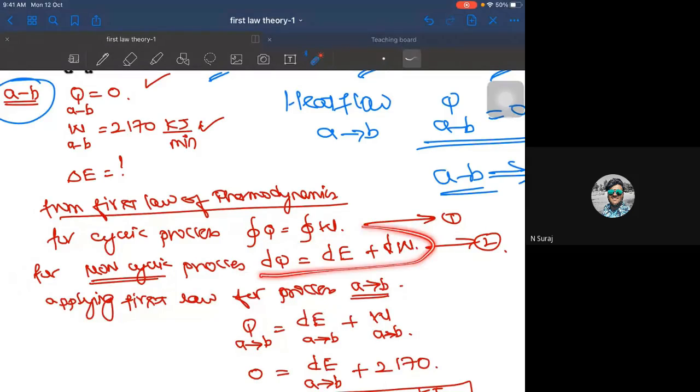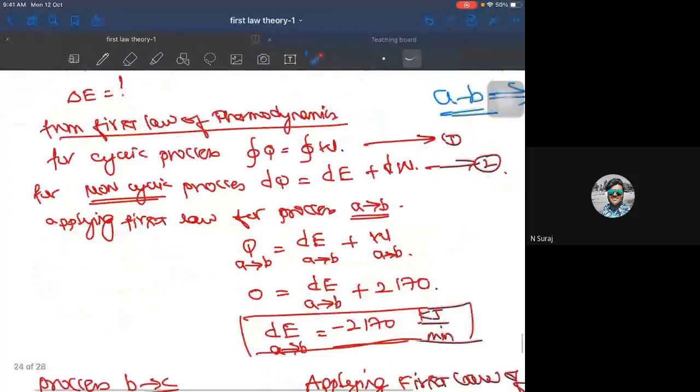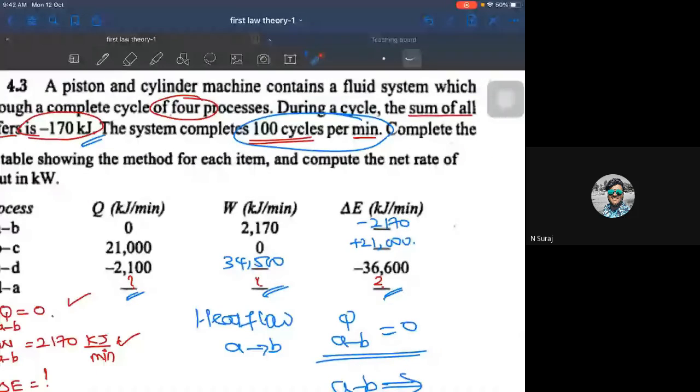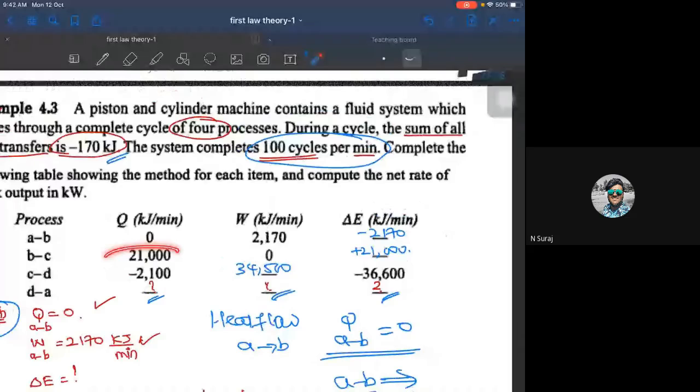Using this equation, when you apply it for A to B, the heat flow from A to B is equal to the change in internal energy from A to B plus the work done from A to B. Since Q is given and W is given, you have substituted and calculated the change in internal energy for the process A to B. Secondly, Q from B to C is given, W from B to C is given, and you have calculated the change in internal energy with the same application of the first law of thermodynamics.